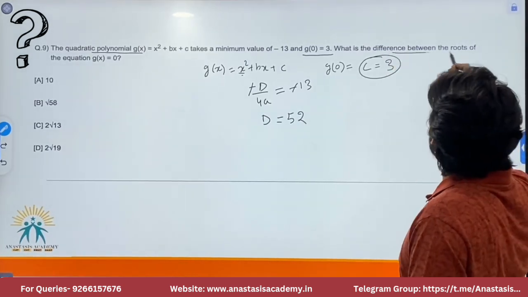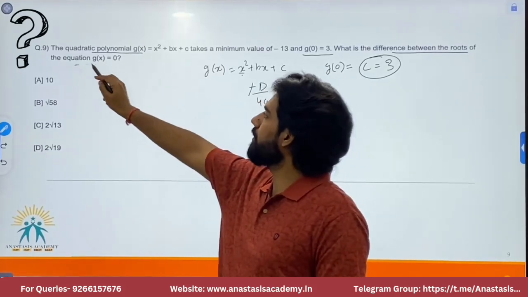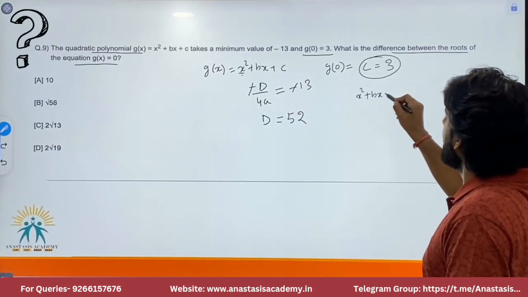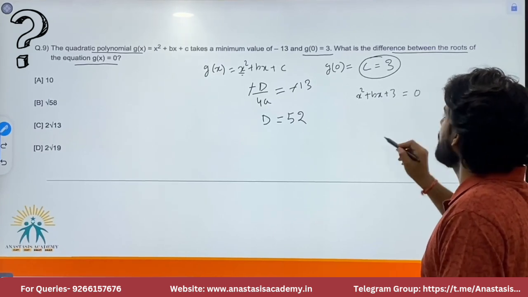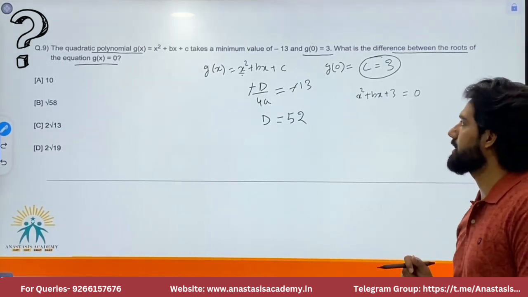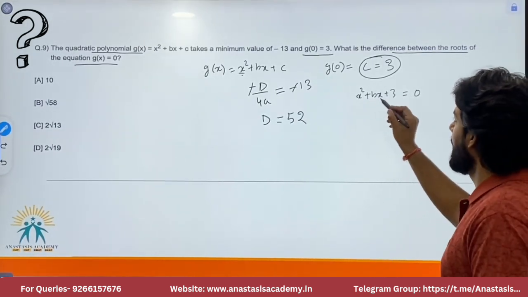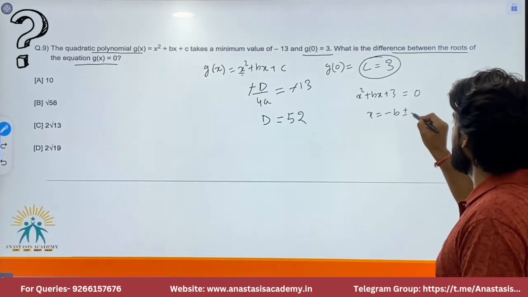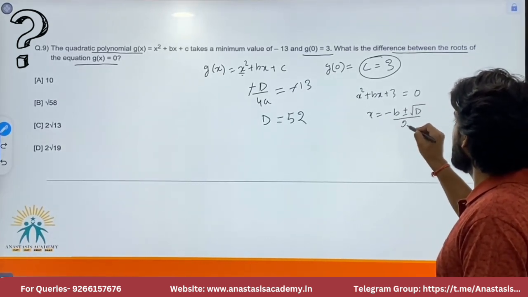Now, what is the difference between the roots of the equation g(x) equal to 0? So I need to find the difference of the roots of this equation. I know the roots of this equation are minus b plus minus root D by 2a.